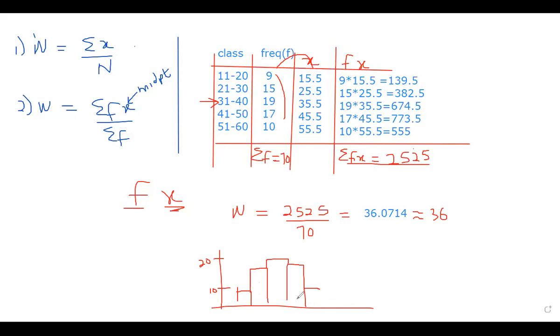So if you look at it, the center of the observation lies within this category, which is the category with the peak, the modal value. So it will lie within this category here, which is 31 to 40. Let me give you some time to look at it. If you have any questions, you can raise your hand.